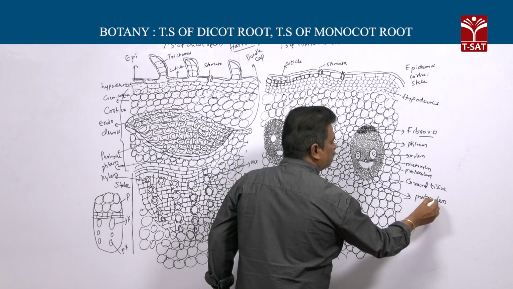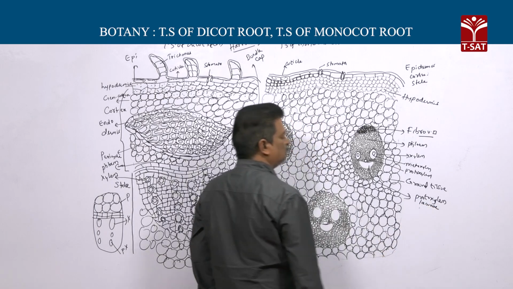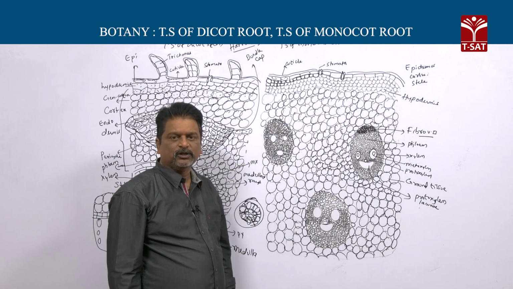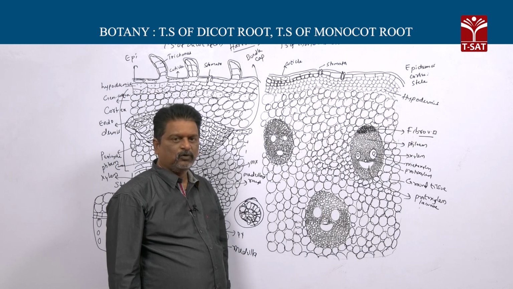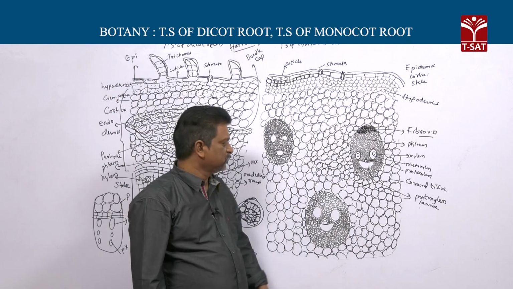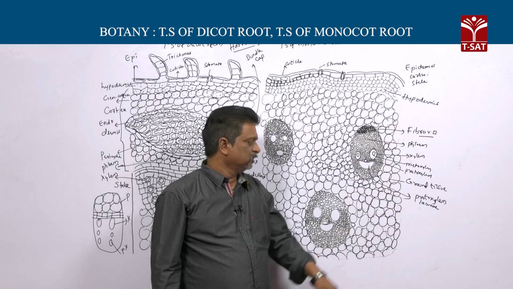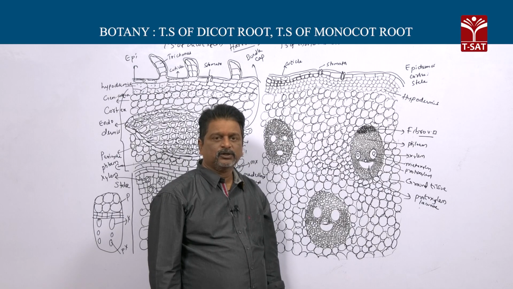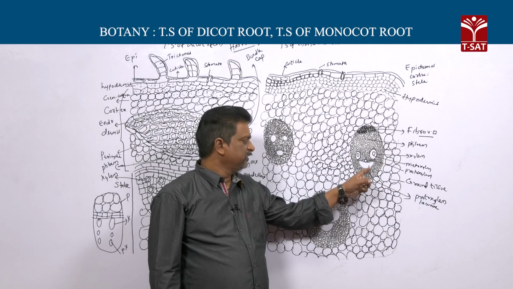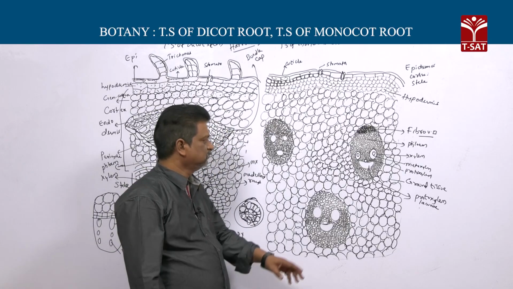That cavity is called protoxylem lacuna, and it stores water. So, it is called water storage cavity. So, monocot stem contains protoxylem lacuna. Rightly, this protoxylem lacuna is lysigenous cavity. It is formed due to lysis of cells.